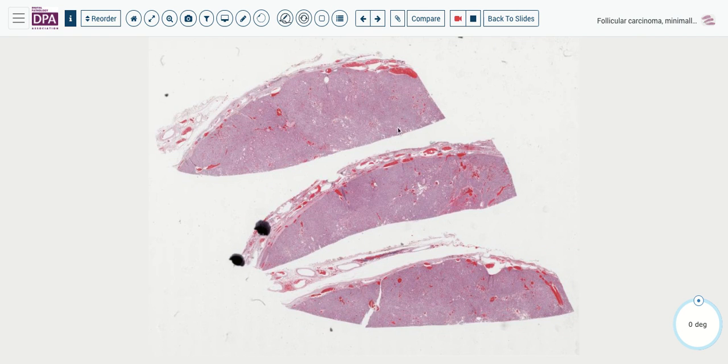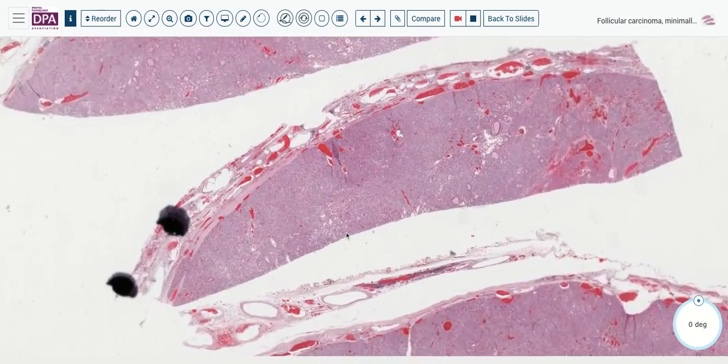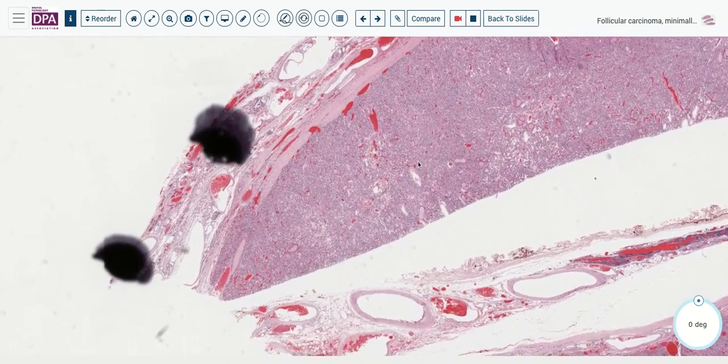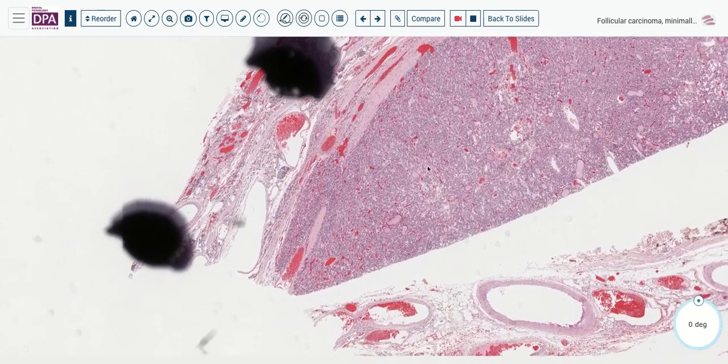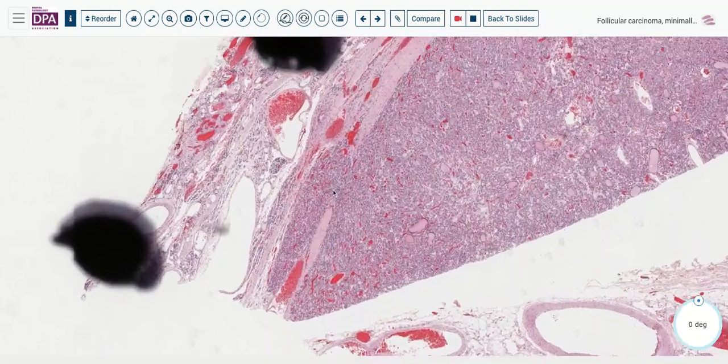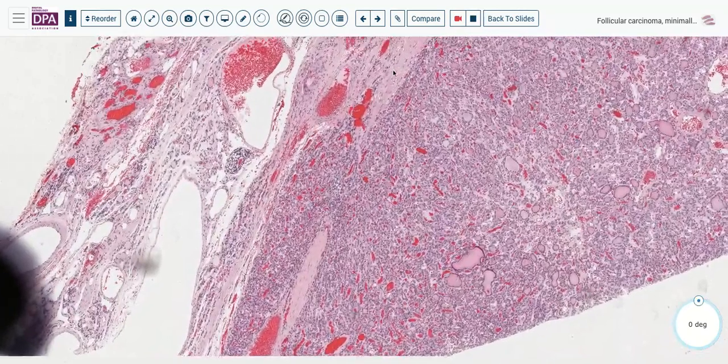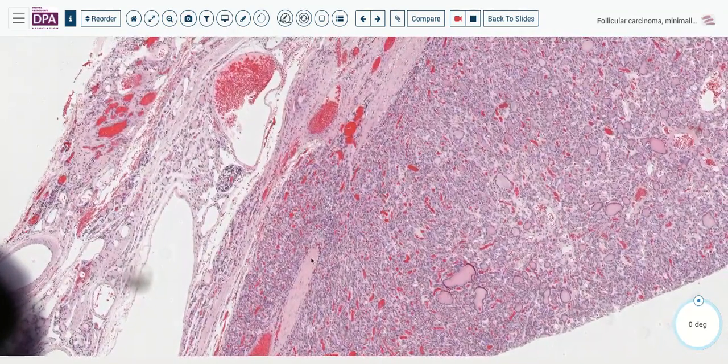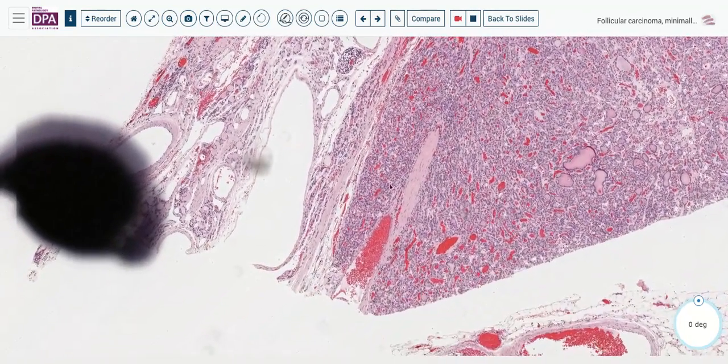Here's another example, nodule, demarcated capsule on all 3 sections. And you can see here, this is one of the ways we're trying to evaluate the entire capsule, just by putting through thin sections of the capsule. And here we can see one of these little mushroom cap type of projections through the capsule. So here's the capsule coming along here, continuing on here, but here's the gap, and tumor extends beyond the capsule.